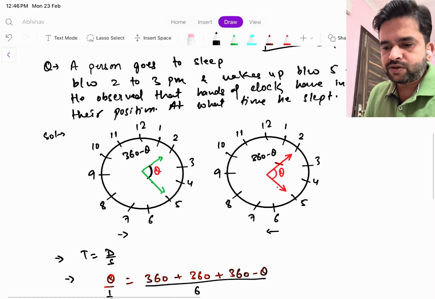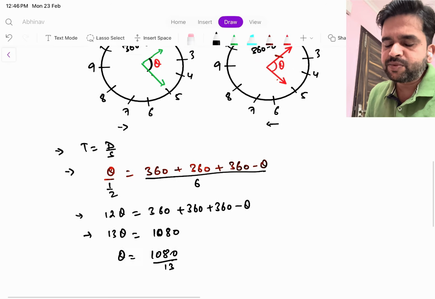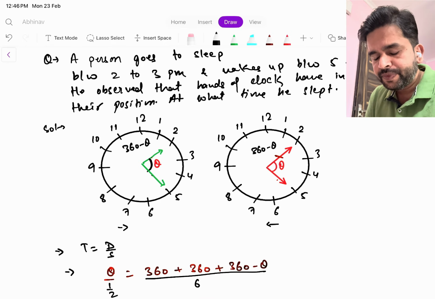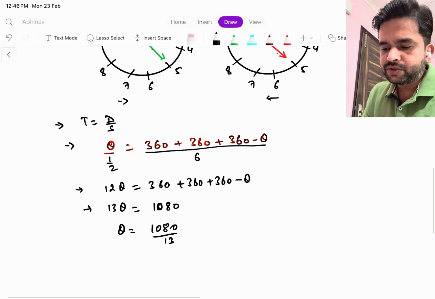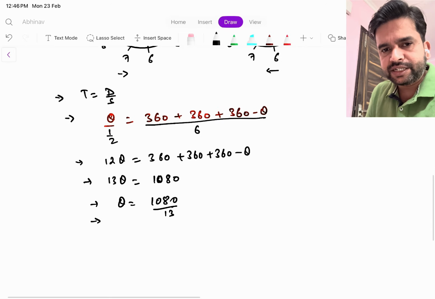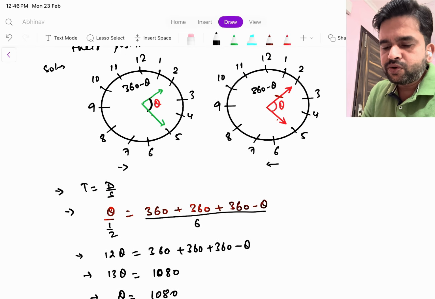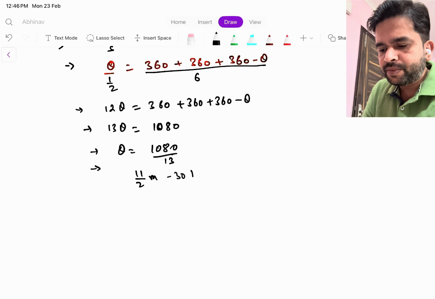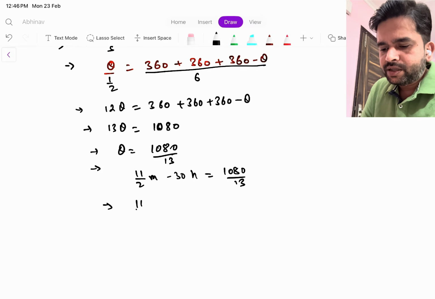So let us find out the time. The question is asking us at what time he went out. So he went out between 2 to 3. In this scenario we have to find m, and h here is 2. So we will use the formula 30h minus 11 by 2 m. Between 2 to 3 more angle is covered by the minute hand, so we'll use the formula 11 by 2 m minus 30h is equal to 1080 by 13.